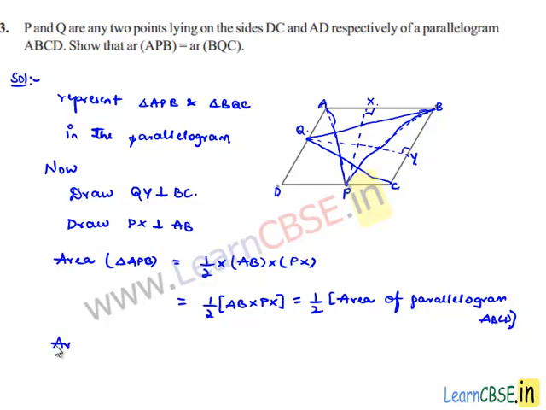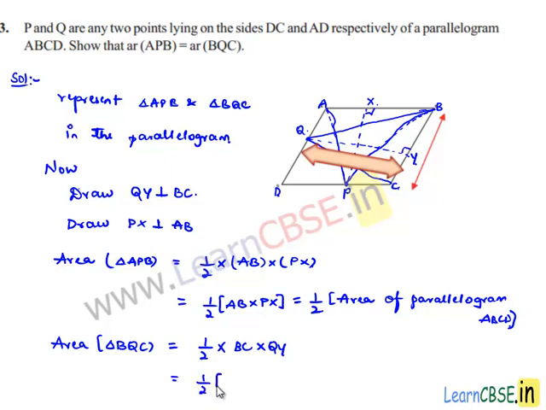Similarly, let us consider the area of triangle BQC, which is equal to half times base, here is BC, into height here is QY, that is equal to half times product of BC into QY. Now in parallelogram ABCD, if we consider BC as base, then its corresponding height is given by QY.